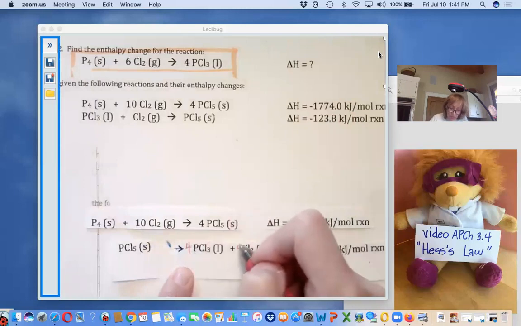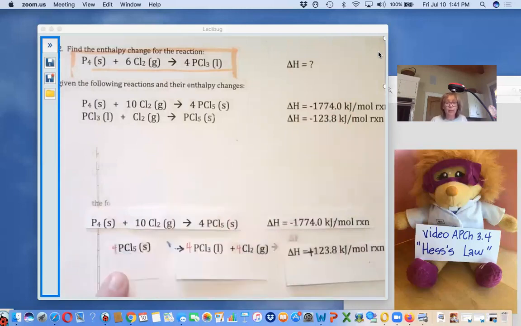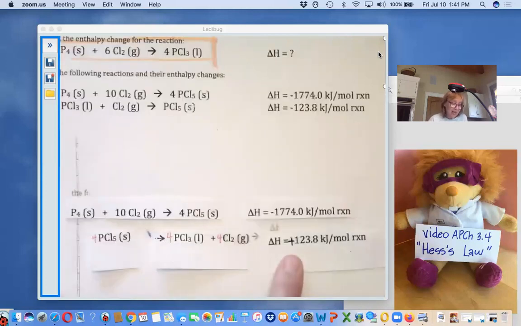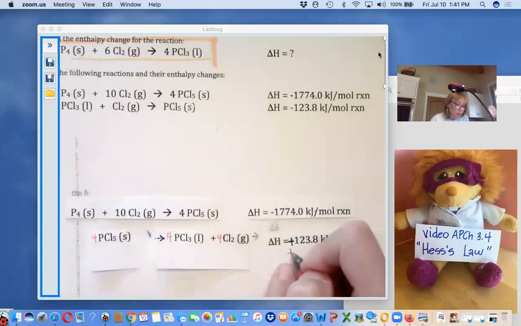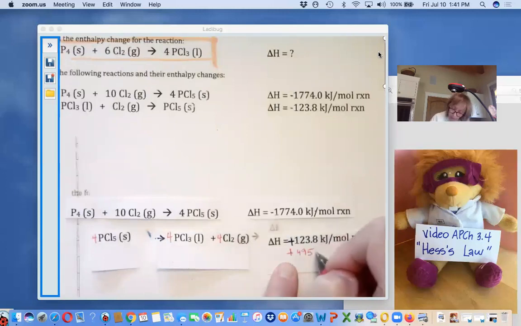I have to multiply everybody by 4, and then I have to take my delta H and multiply it by 4. The value of that is going to be not 123.8, but positive 495.2.